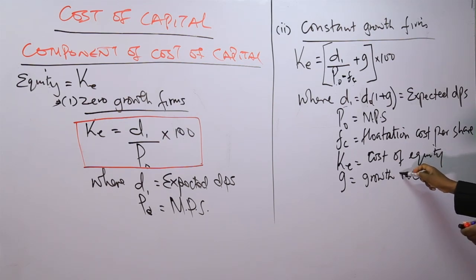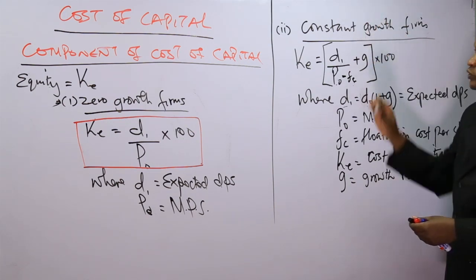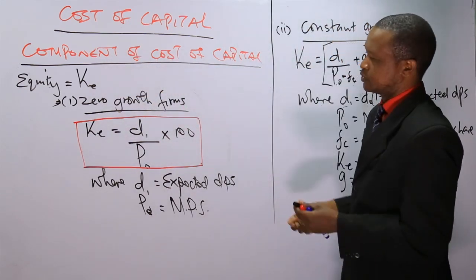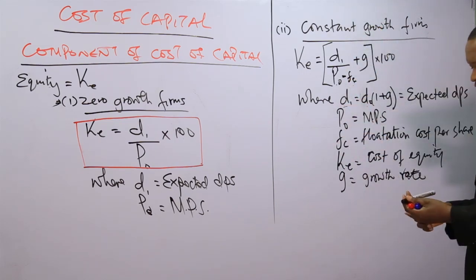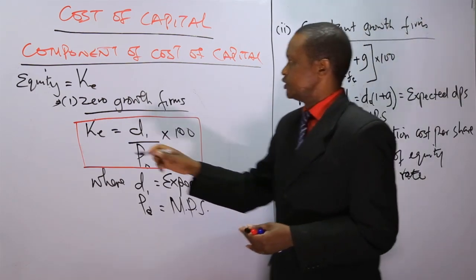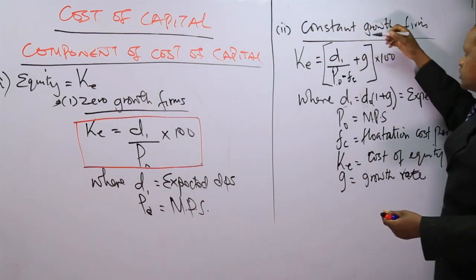It may be expressed as a percentage. So that's how you determine the cost of equity, which is a component of cost of capital. So that is the formula for equity. We have zero growth firm, constant growth firm.